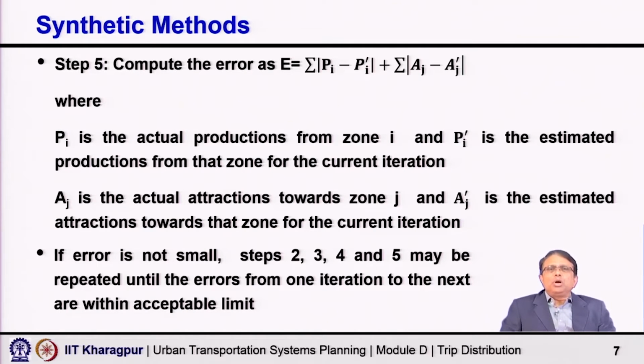That gives me my total error, the total mismatch. If this mismatch is not very significant and you as a modeler are happy, then you stop here, no problem. But in all likelihood, with the iteration as far as you have reached, you will find certain errors, maybe at the production end or the attraction end.